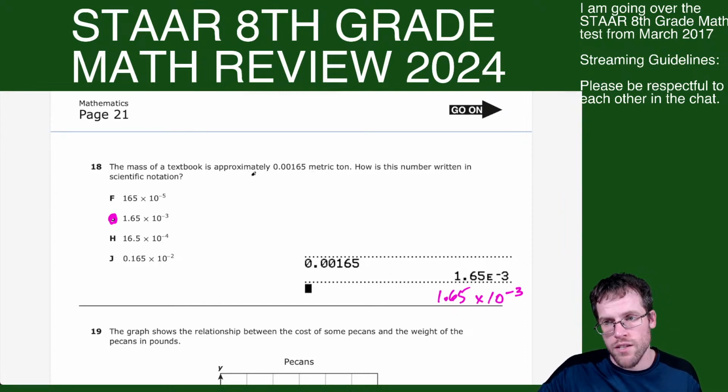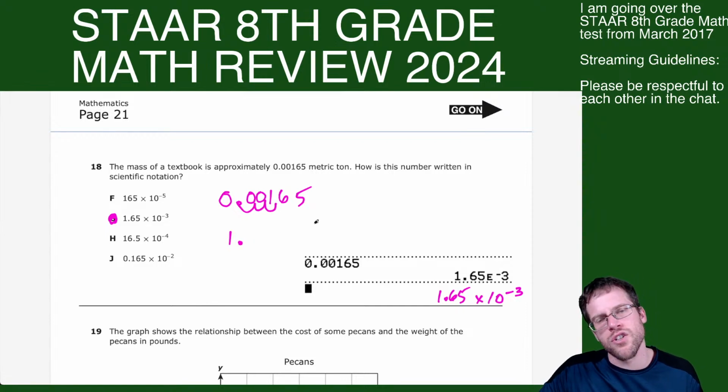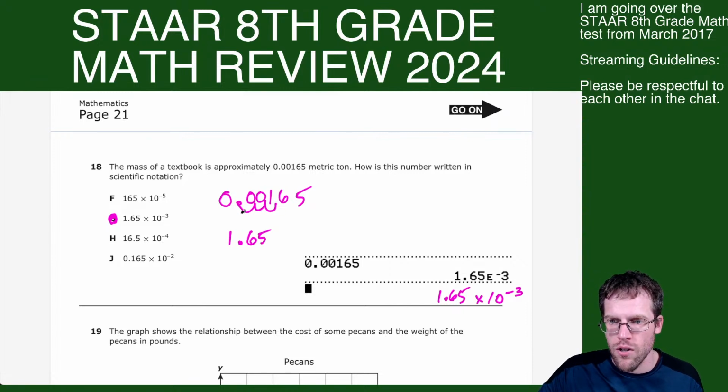If you want to do this the nice way, though, 0.00165, you count the spaces. You have to go 1, 2, 3. Scientific notation, you need to have a non-zero number, and then the decimal, and then the trailing digits. So I had to write this in some way as 1.65. But think about how many decimal places did I go? 1, 2, 3. I did 3 spaces. I'm sorry, how many spaces did I move the decimal to the right to make 1.65?